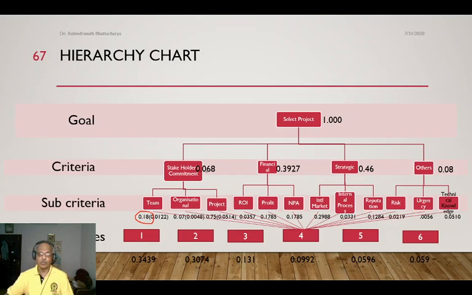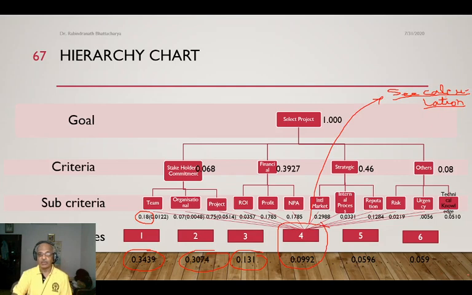So first of all, this multiplied by this, and then multiplied for the alternative. What is the weightage for the alternative with respect to sub criteria? So I'll have to multiply the three items together and get the final number of this. So for each alternative, I'll have to get the numbers like this, the way we have done for the previous one.